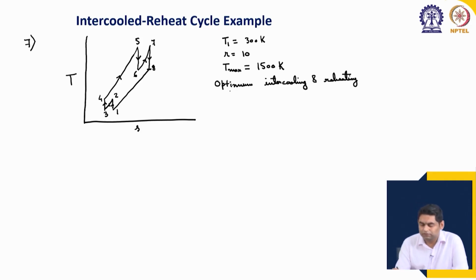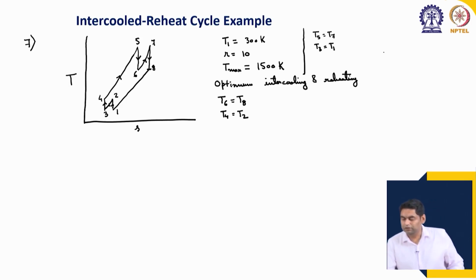Which are the conditions? So, T 7 or T 6 equal to T 8 for optimum reheating and T 4 equal to T 2 for optimum intercooling. Apart from this, we also know that T 5 is equal to T 7 and T 3 is equal to T 1. Okay.